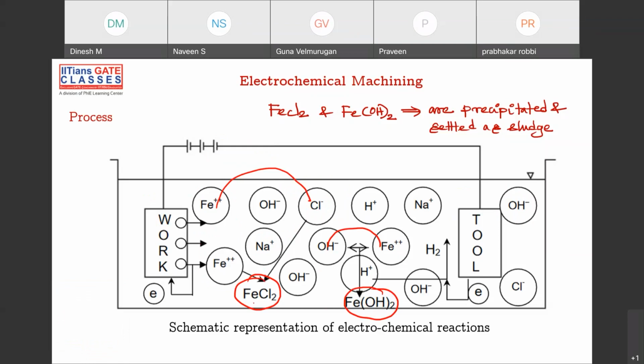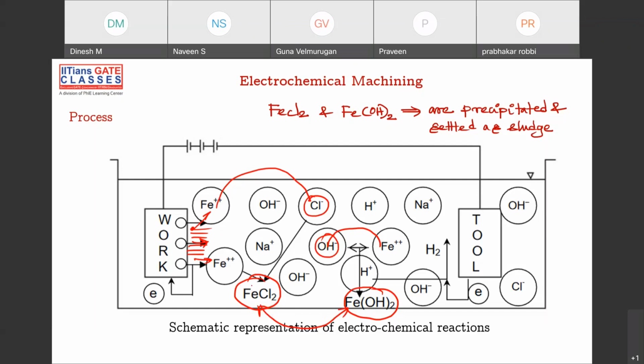Now what I will say is that slowly, atomically, these are atoms, right? Atomically, this Fe is coming out from the workpiece and getting chemically reacted with Cl and OH, and then FeCl2 and Fe(OH)2 are formed. FeCl2 and Fe(OH)2 are called precipitates, or some kind of sludge.